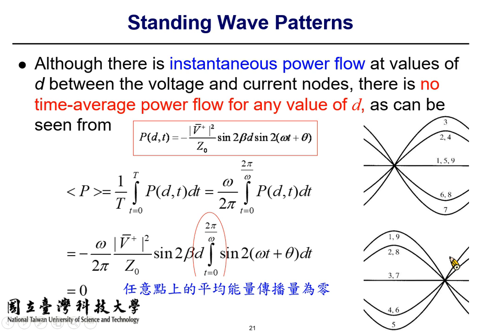With an integration over a period, this thing will reduce to 0, which means the average power flow on a line with a complete standing wave pattern is 0 everywhere. Every point on the transmission line with complete standing wave will deliver no power.